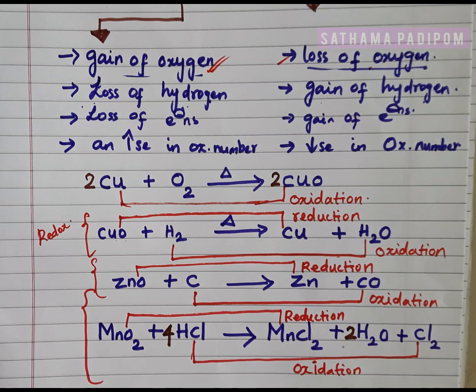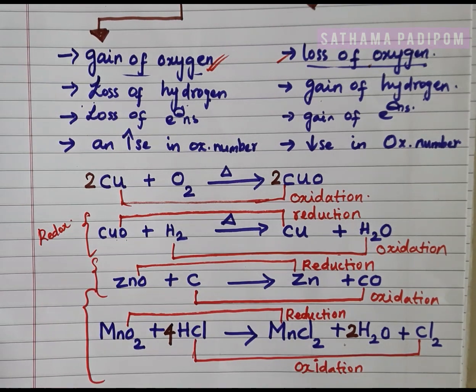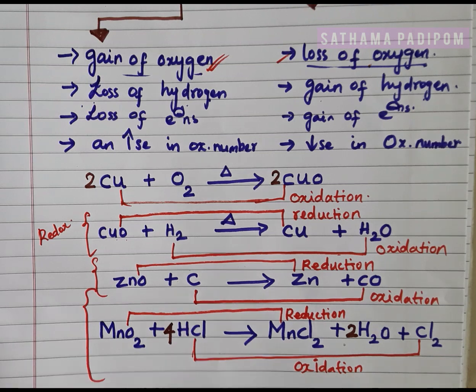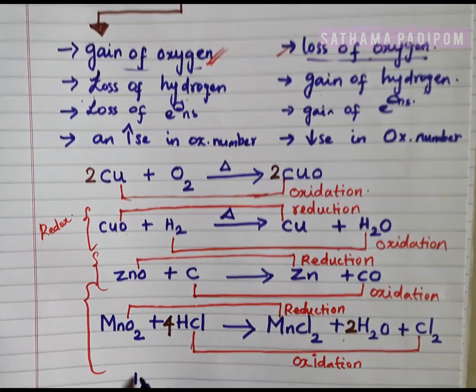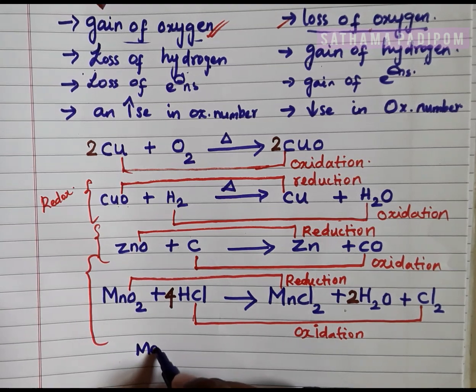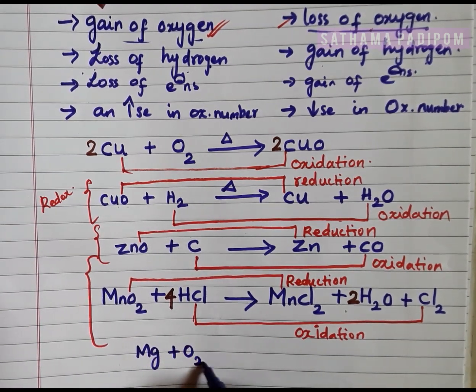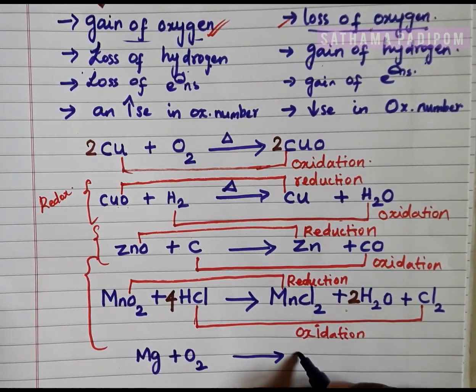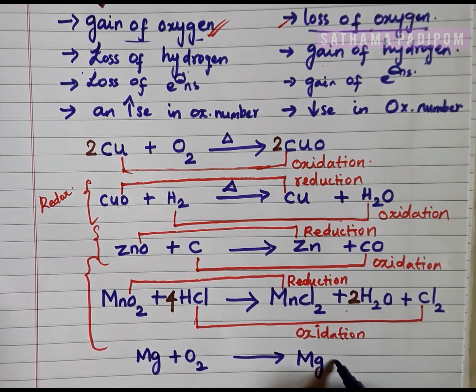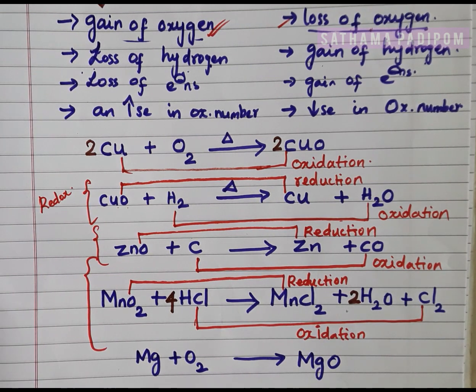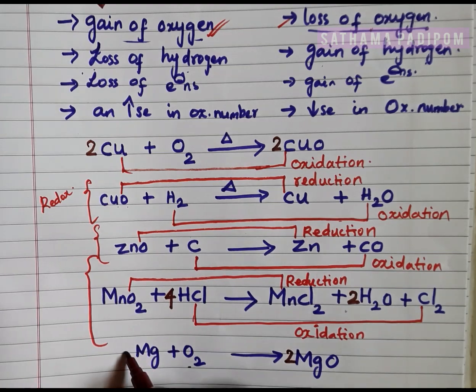Now the first question in the chapter, activity 1.1, we have discussed about magnesium oxide. Look at that. When magnesium reacts with oxygen, it gives magnesium oxide, MgO. We have to balance this equation. Here O2 is there, here O1 is there. When we balance, 2 MgO and here 2 Mg.